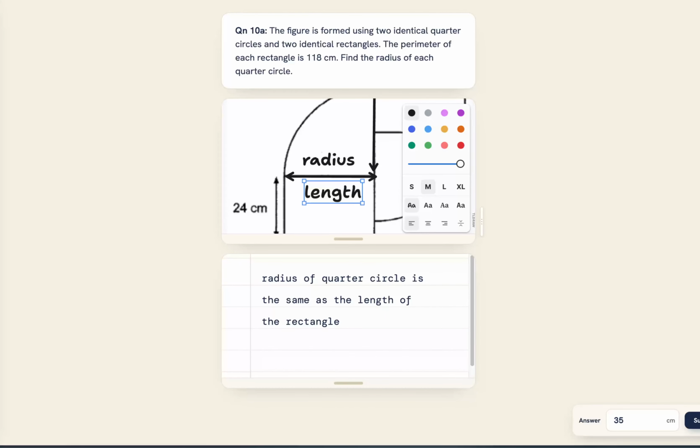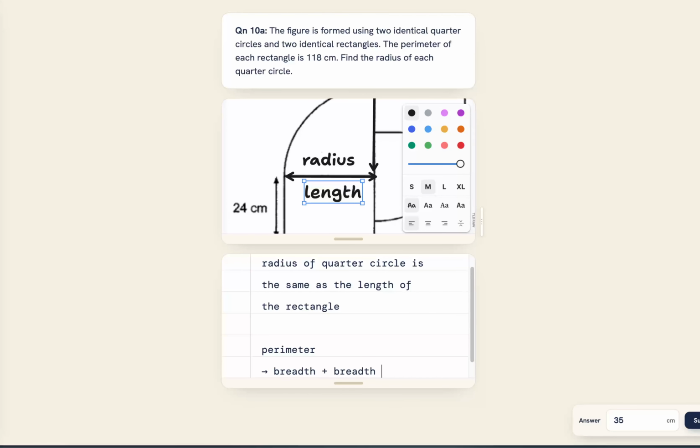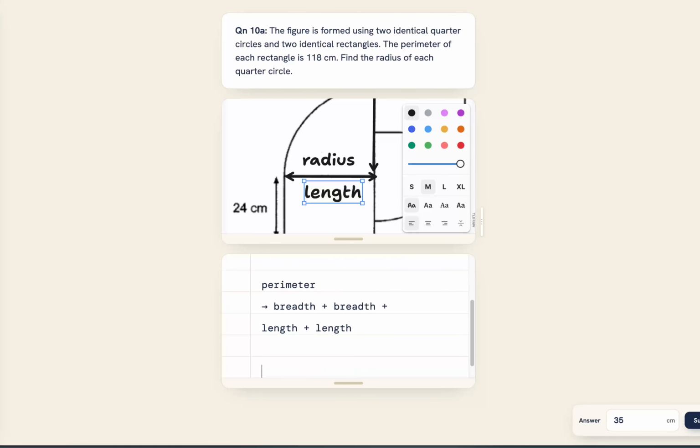In this case, the perimeter is basically breadth plus length plus breadth plus length. Essentially, it's just 2 breadth plus 2 length. We know the perimeter itself is equal to 118, and the breadth is equal to 24.